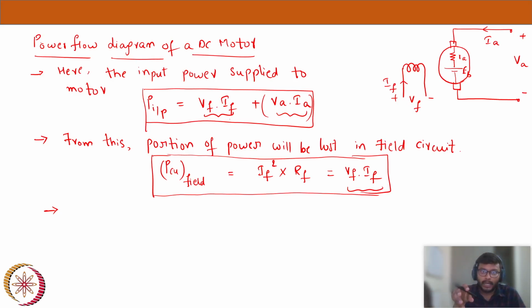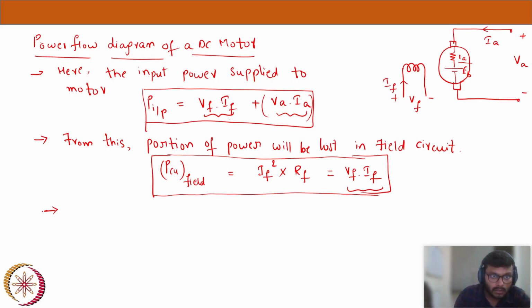Now here, a portion of power will be further lost in the armature winding. If you see from the figure, there is a resistance in the armature, that is RA. So obviously there will be I square R losses in the armature itself. The current flowing through the armature winding is IA, so IA squared RA will be the armature copper loss. That power will be lost from whatever power is left. The power left is VAIA, and from that, copper losses will be there in the armature.